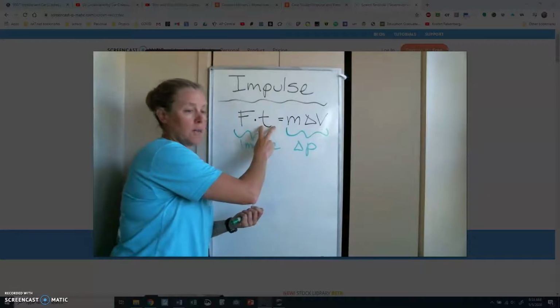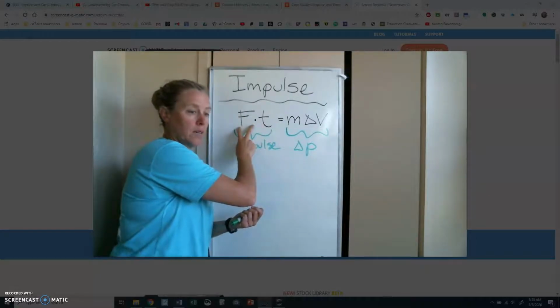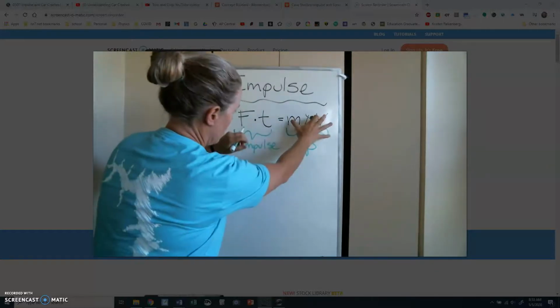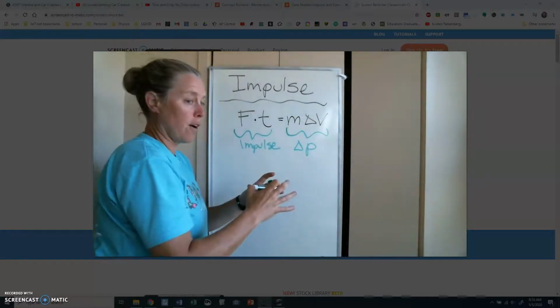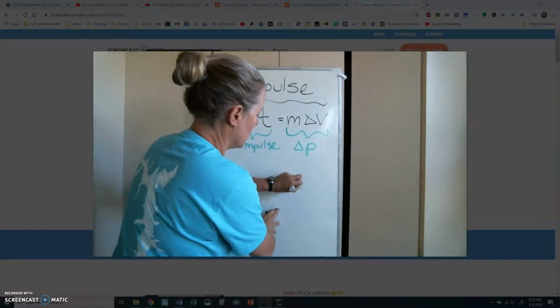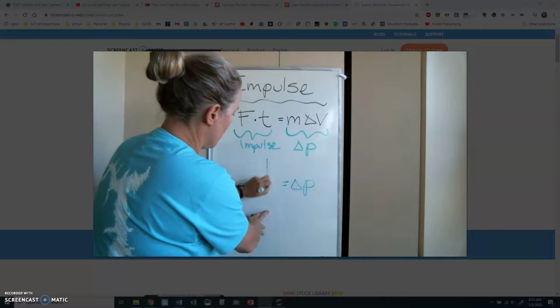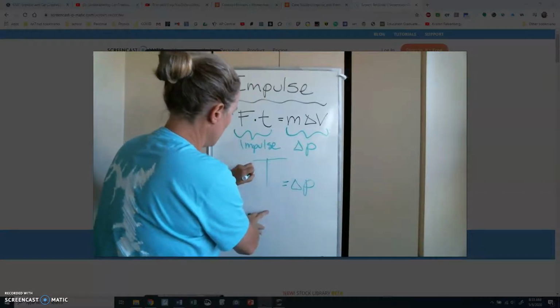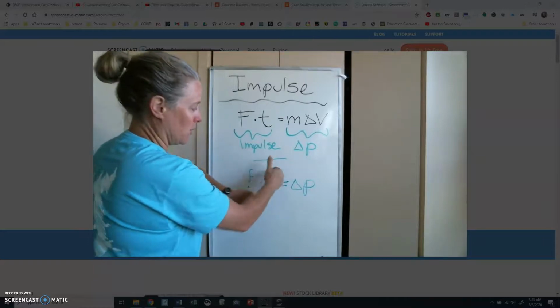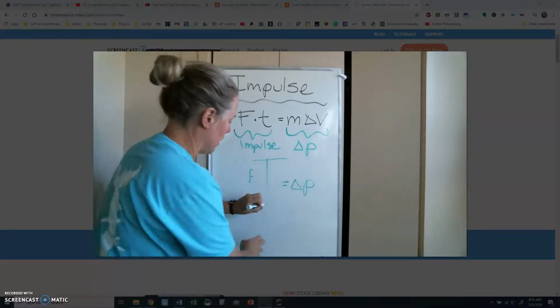Maybe they change the time at which the force is applied. You remember, if the change of momentum is the same, I go from 55 miles an hour to 0. If I increase the time, the force has to go down to keep the change of momentum the same.